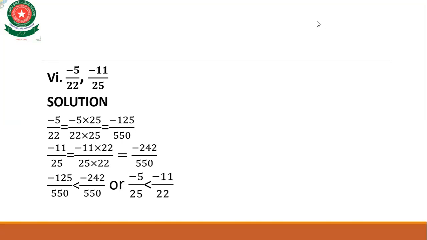Now we multiply 25 with minus 5 and 22 in numerator and denominator. So the equation will be minus 5 by 22 multiplied by 25, which is equal to minus 125 over 550.